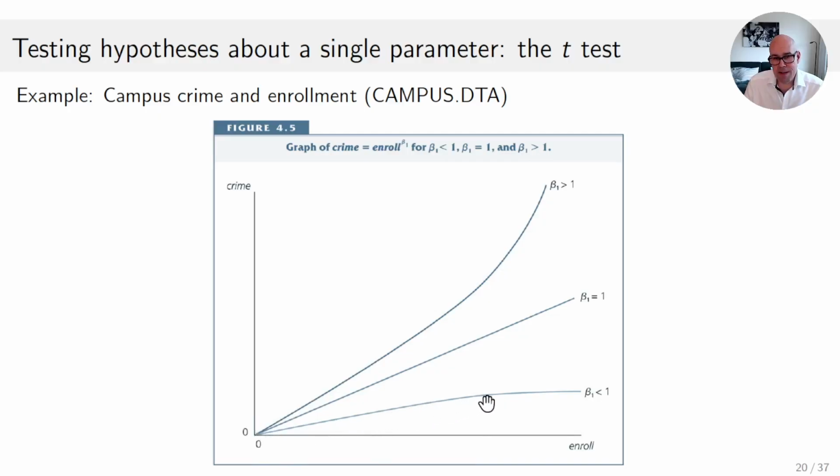Or there is something like decreasing effects, right? So these are the things you could imagine, and what you might want to test is whether it's proportional, right? So you might want to test whether beta 1 is equal to 1. So that is this more general test.